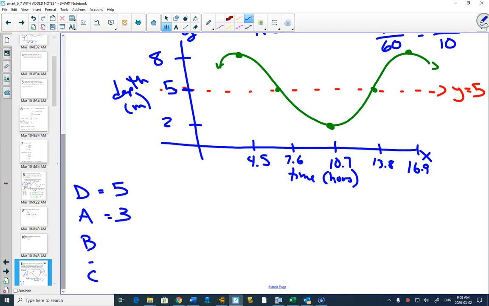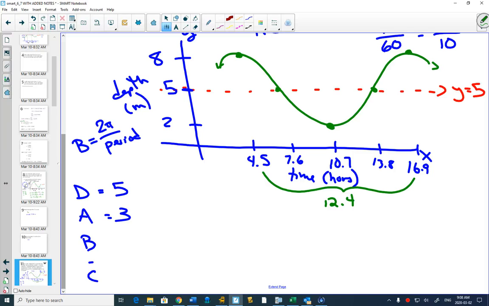We can find our b value by doing 2 pi over the period. What is the period of this function? From there to there. 12.4 hours.